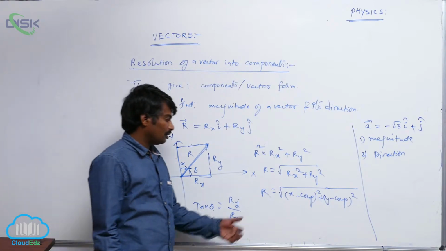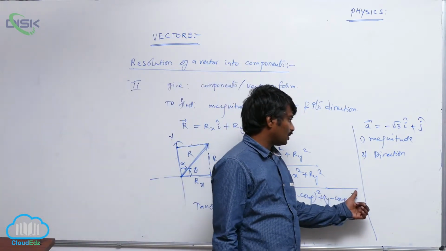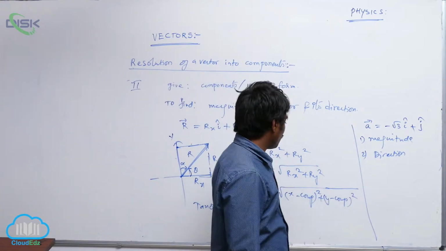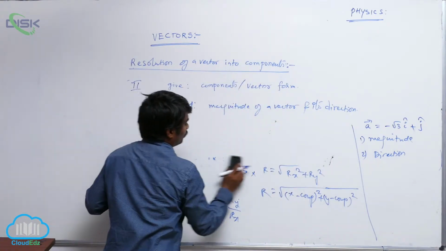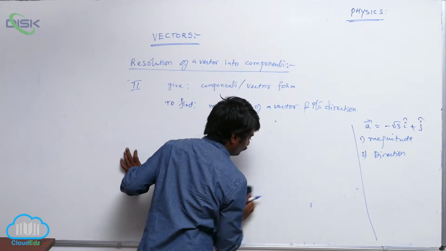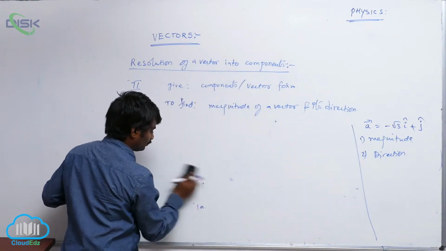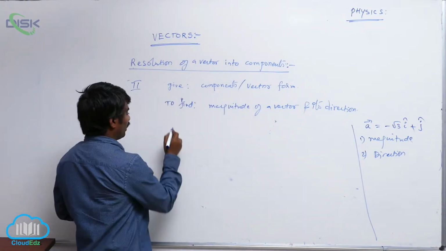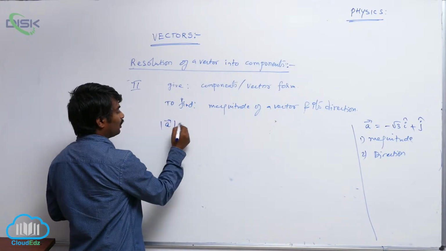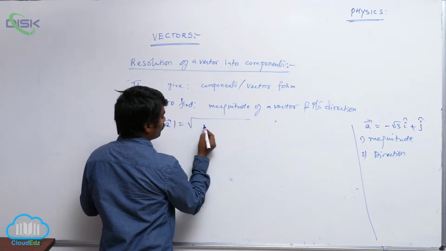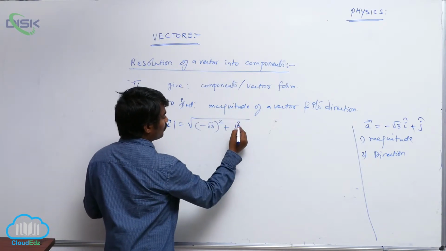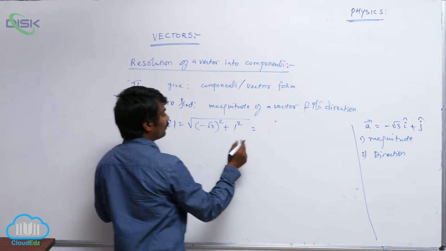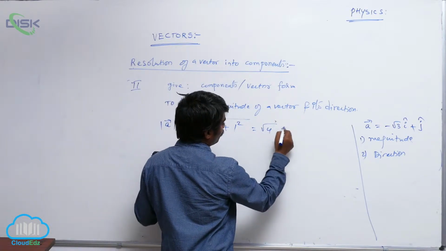Very simple. Magnitude of a vector is equal to under root of x component square plus y component square. So magnitude of A is equal to under root of minus root 3 whole square plus 1 square. What do you get? 3 plus 1, that is 4. Root 4 is equal to 2 units.